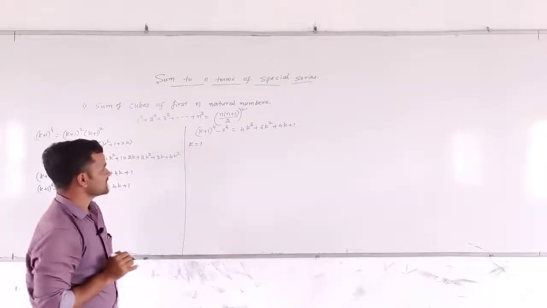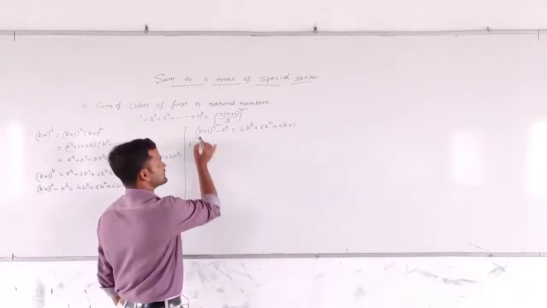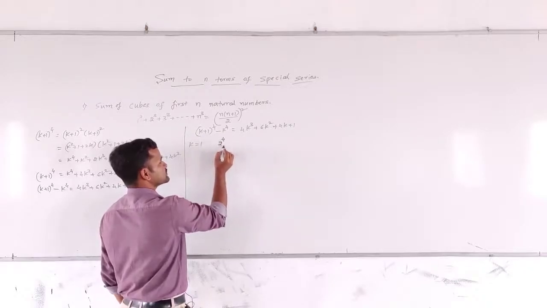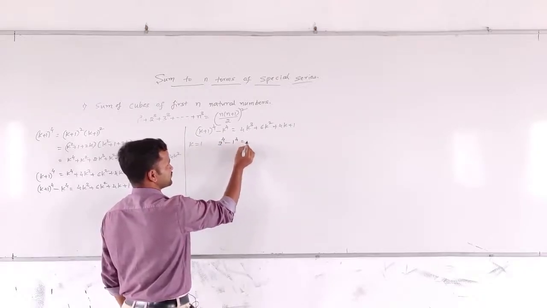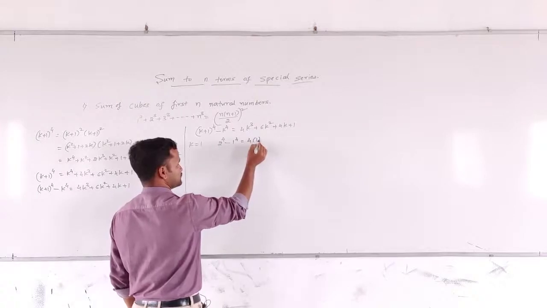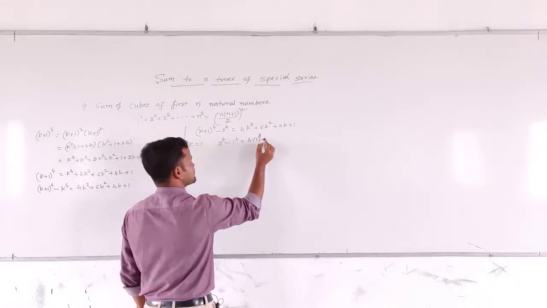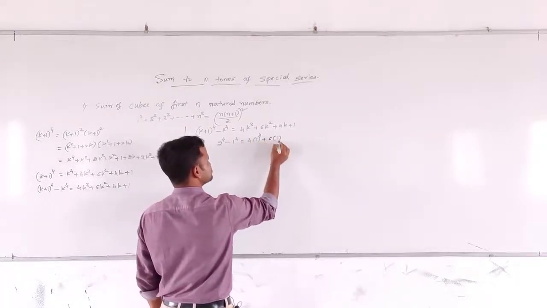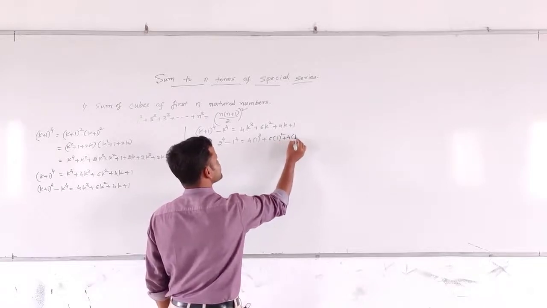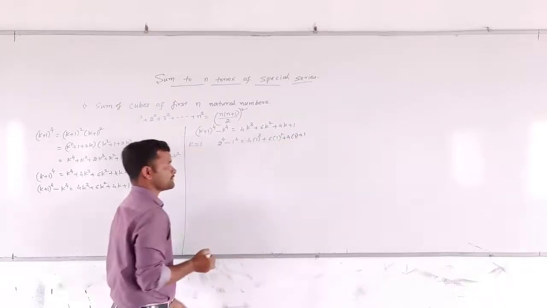When I substitute k is equal to 1, this becomes 2 raised to 4 minus 1 raised to 4, which is equal to 4 into 1 cube plus 6 into 1 square plus 4 into 1 plus 1.